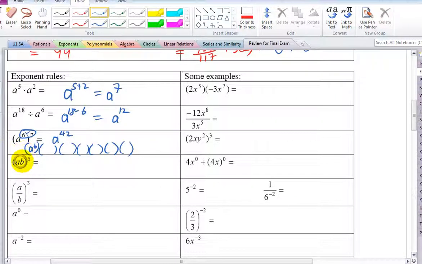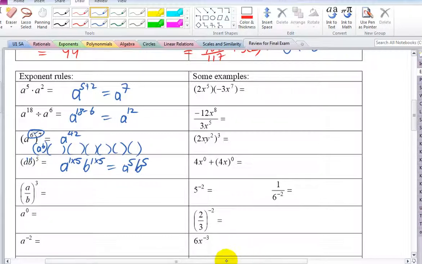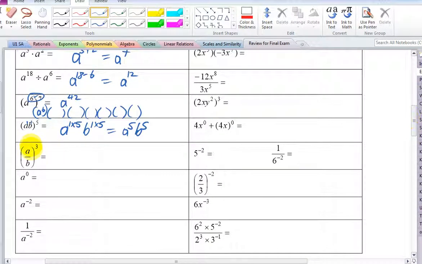Now this second rule is the exact same rule, but a lot of you forget that we have hidden 1 exponents on the a and the b. So the 5 multiplies into the exponent on the a, and it multiplies into the exponent, which is a 1, on the b. So when we simplify, we get a5, b5. So it's not a new rule, it's just kind of expanding the idea up above. The next one is just expanding again.